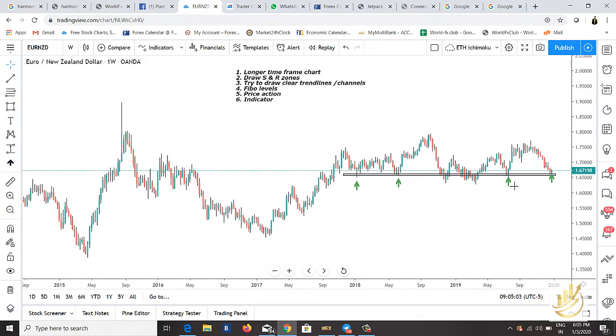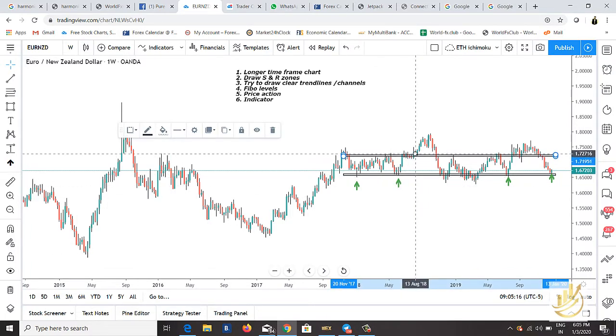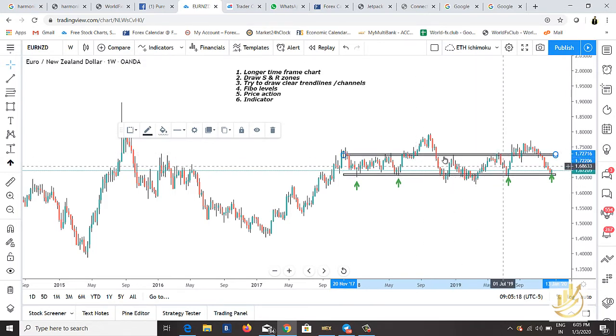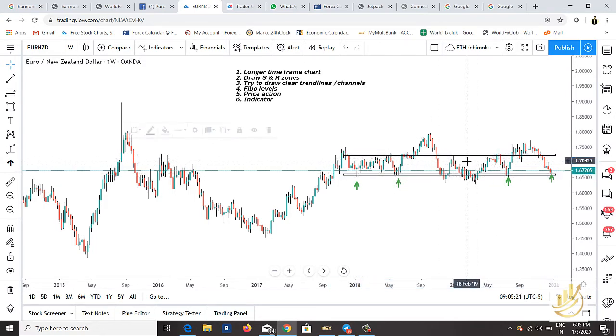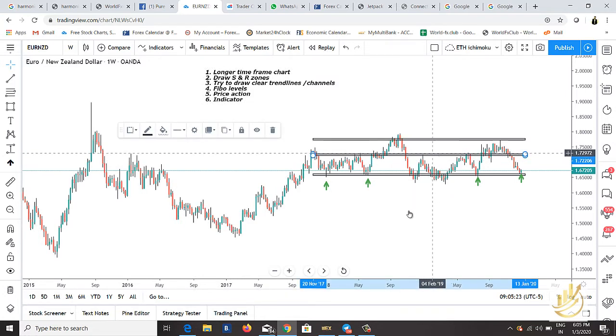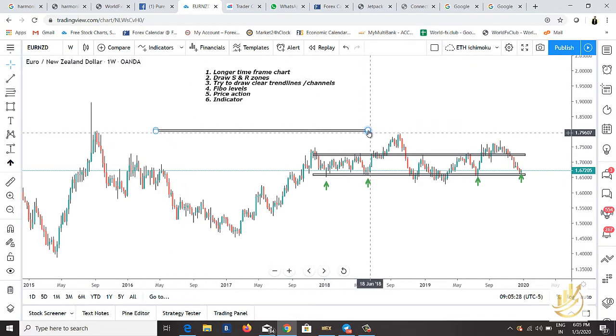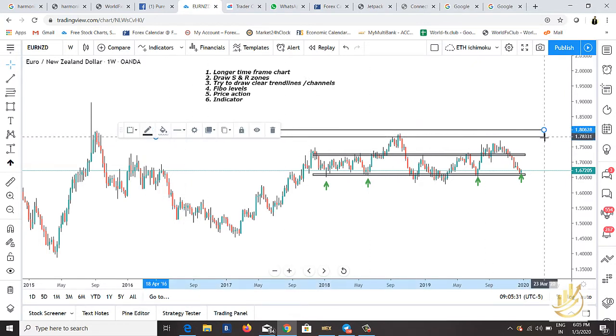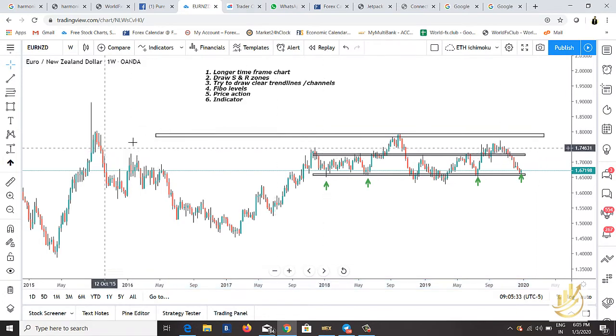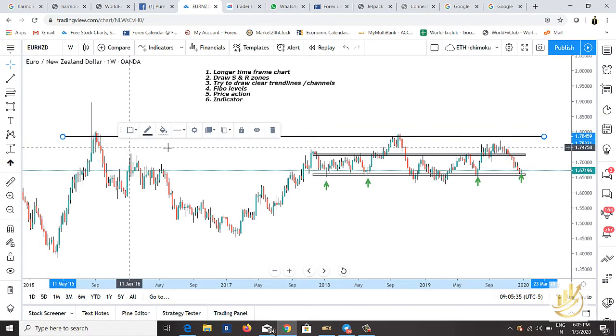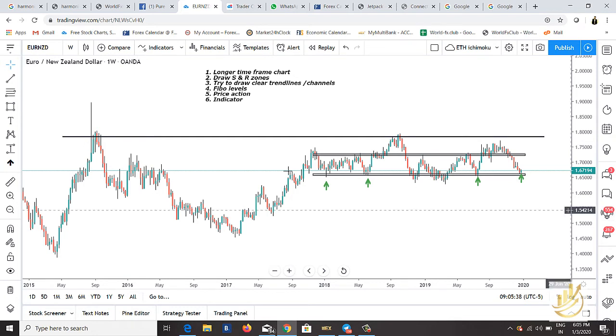What did I tell you? Draw support and resistance. So this is our support and I think this can be resistance. This can also act like a resistance, right? Plus this area as well, it acted like a resistance earlier.